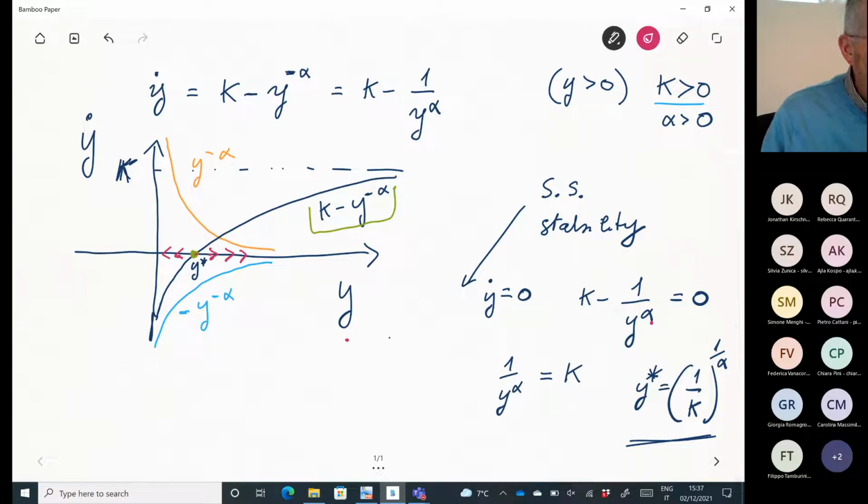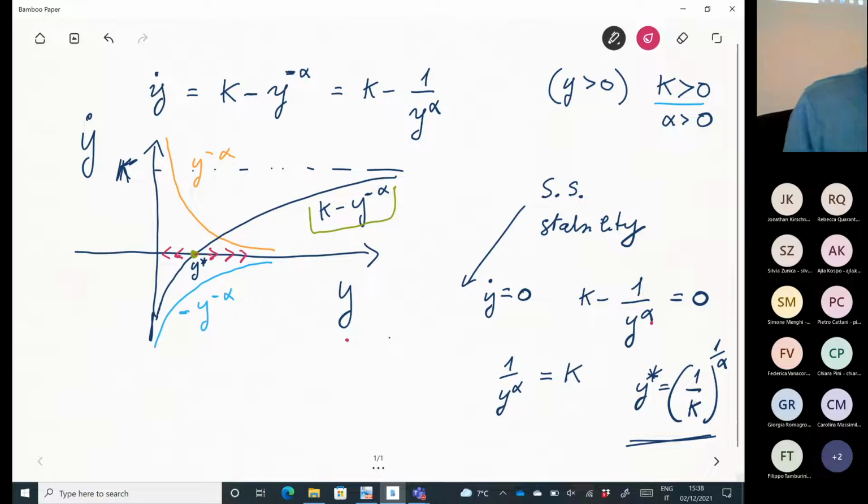Is that clear? This is the interpretation. So for instance, this steady state level of CO2 depends negatively on K. The larger is K, the smaller is the steady state level of CO2 in the atmosphere.